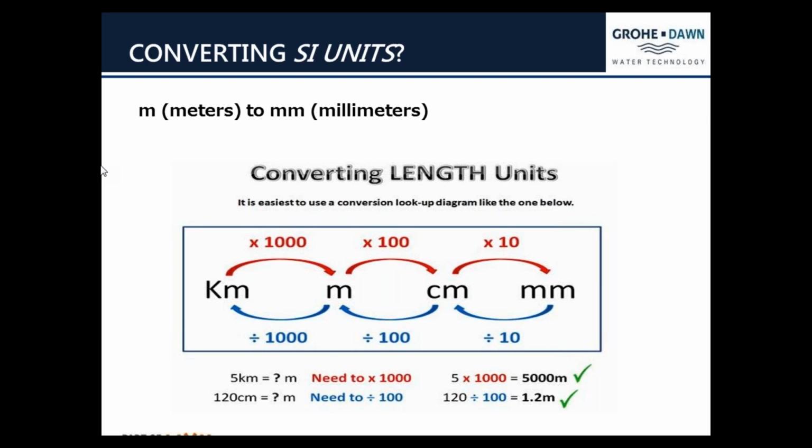So 2 kilometers would be 2,000 meters. But now we need to change that back to centimeters, so we times it by an extra 100. So 2,000 times 100 would be 200,000 centimeters. So you've got to make sure you follow that loop so that you know exactly how many to times it by there.